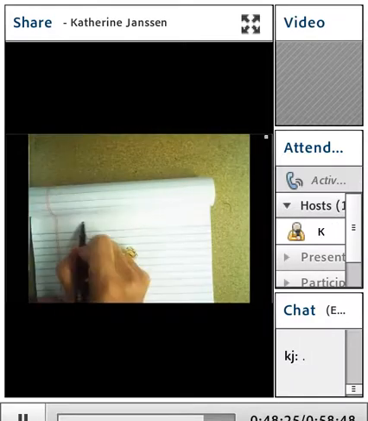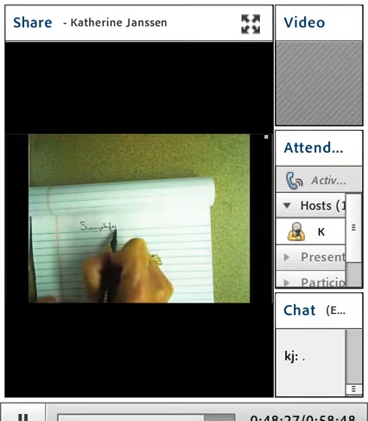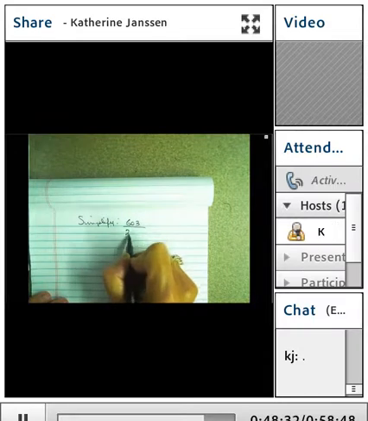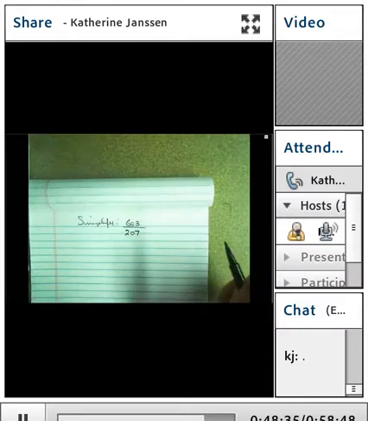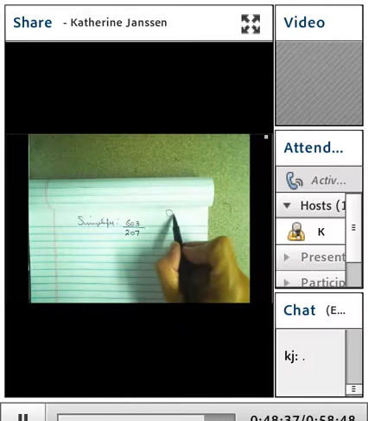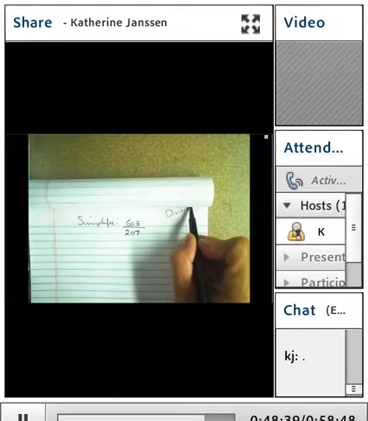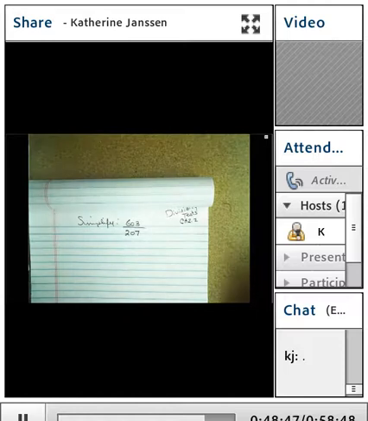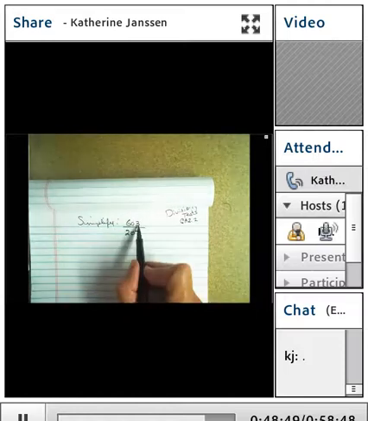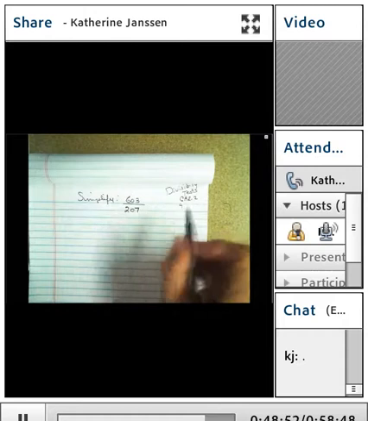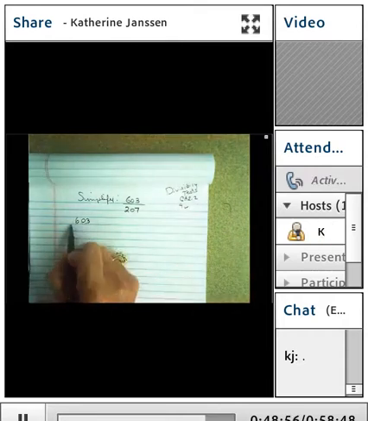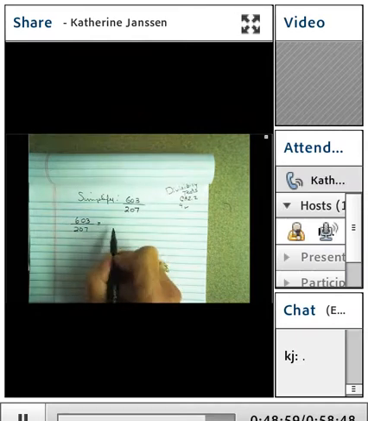Your directions might say simplify. We have 603 divided by 207. Well, I'm using my divisibility test, and that's from chapter 2, section 2. And let's see, 6 plus 0 plus 3 would be divisible by 9. And 2 plus 0 plus 7 would be divisible by 9. So I know that 603 over 207 is equal to 9 times something over 9 times something.